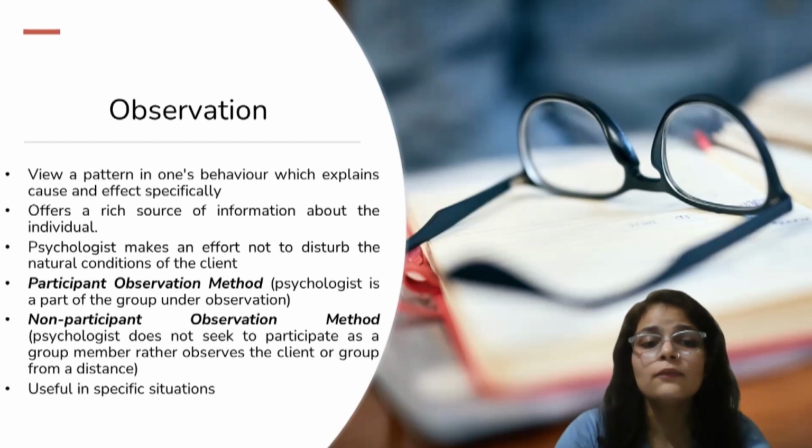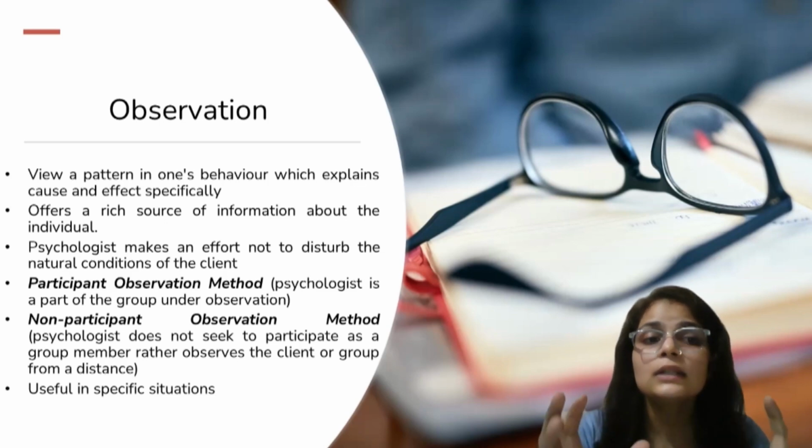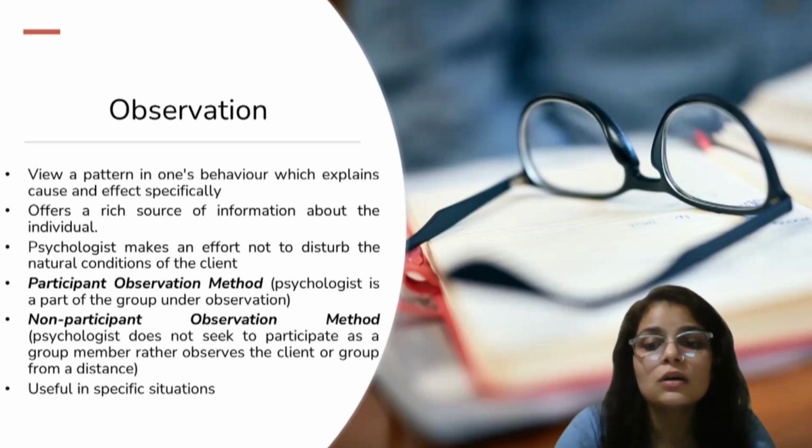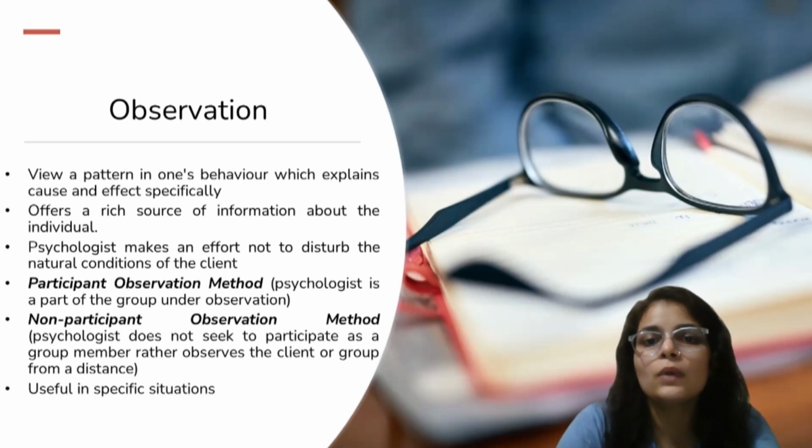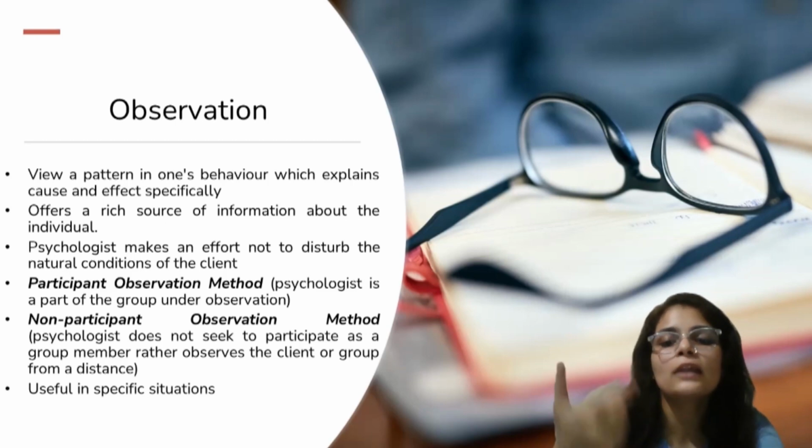Participant observation method would be observing a teacher by sitting in his or her class along with the students. Whereas on the other hand, non-participant observation method would be seeing the teacher giving a lecture to the students through a CCTV camera, or from where the teacher cannot see.